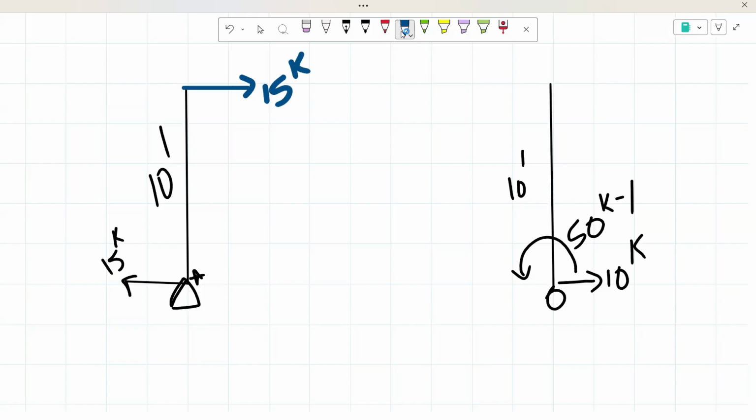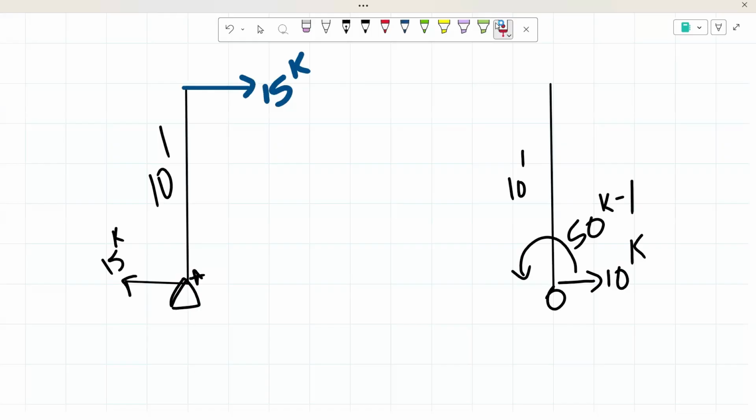And now, as you can see, we have a couple going on, which these are our couples, and we know that couples create a moment. So this couple is creating a moment going clockwise. So that means that we're going to have to apply a moment going counterclockwise to balance that out.